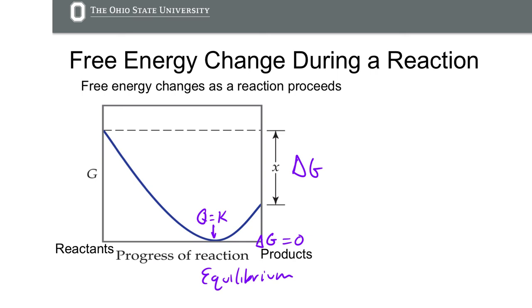When we have more reactants than necessary to reach equilibrium, Q is greater than K. So that's what's happening on this side of the figure before we've reached equilibrium, going from reactants to products. And on the right side of the equilibrium, we're going to have Q less than K, which means there are more products than would be achieved at equilibrium.